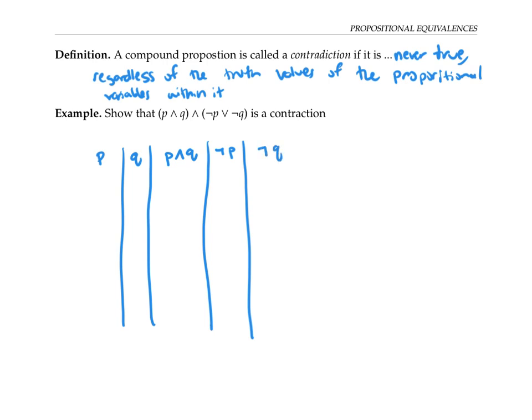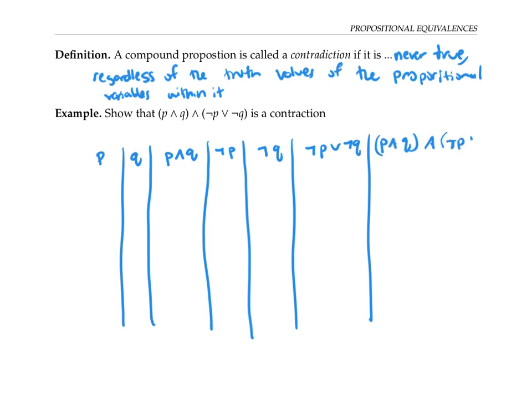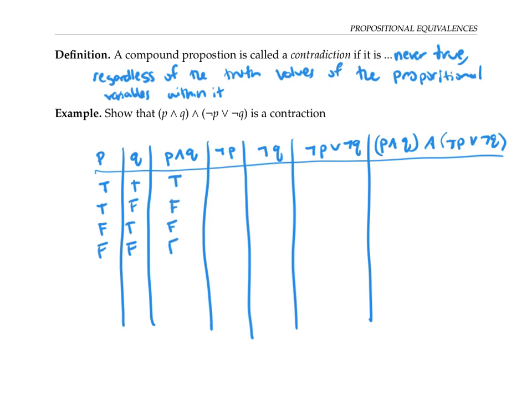And I can make a column for not P or not Q. And finally, a column for the entire expression P and Q and not P or not Q. As before, there are four combinations of truth values for P and Q. P and Q is true when P and Q are both true and false otherwise.